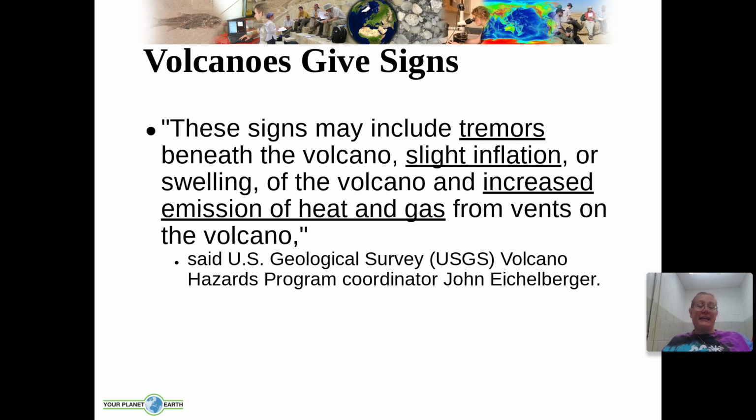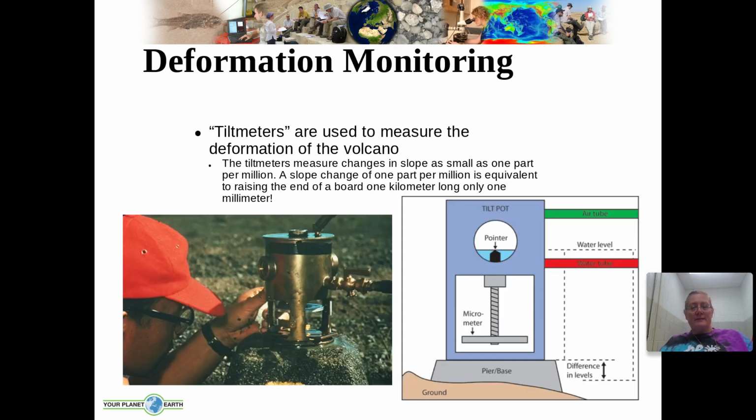And yet they stayed there until the pyroclastic flow went through Pompeii and literally wiped out the whole town. Again, when we get to the plate tectonic project, if one of your groups are interested in the volcano that did that, we can help you find that one.